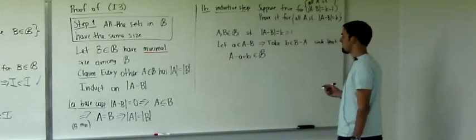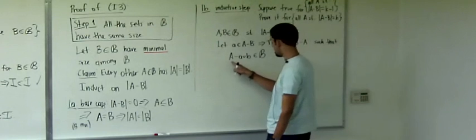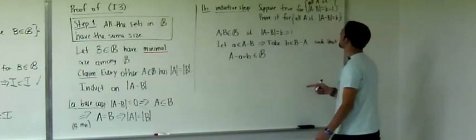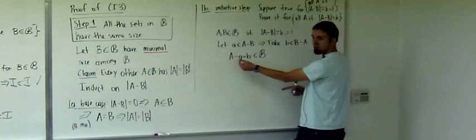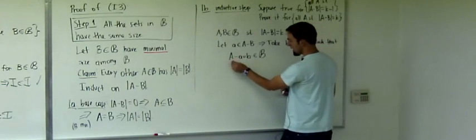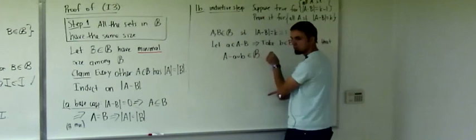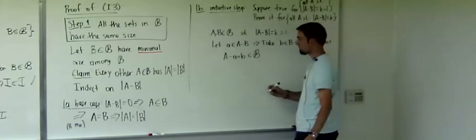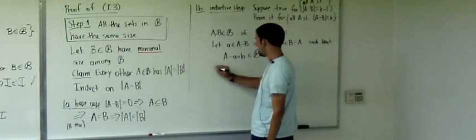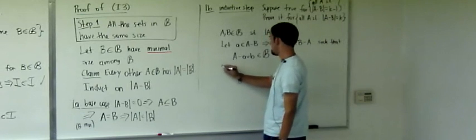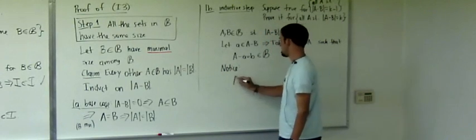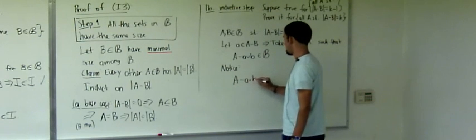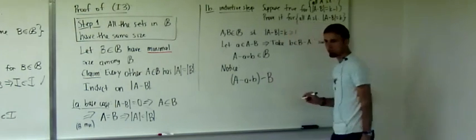Now, what do I want to say? I want to apply the induction hypothesis to A minus A union B and B. Why? Because notice how many elements are in here and not in here?